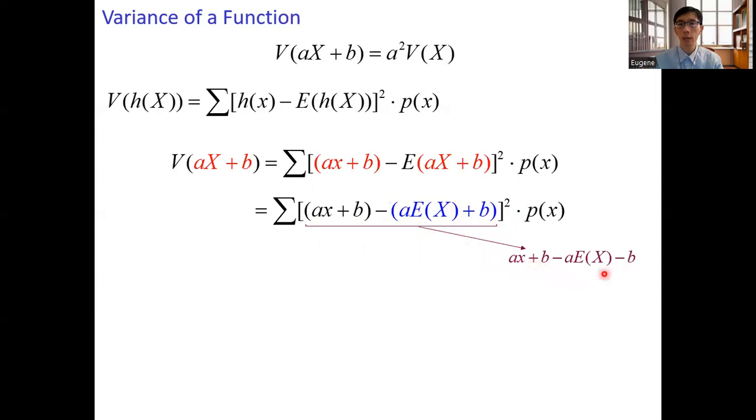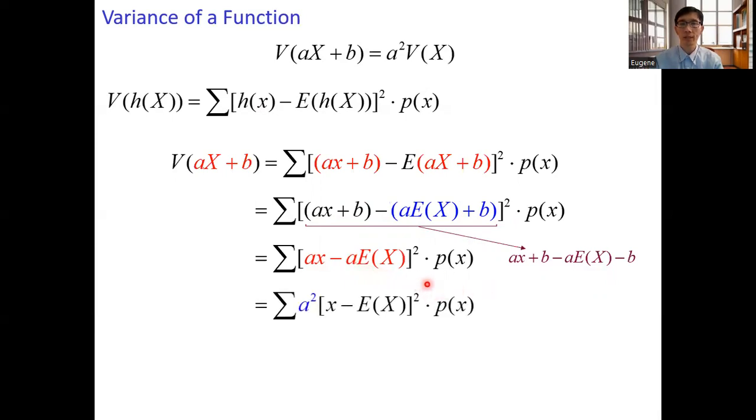The b cancels out. What remains is ax minus a times the expected value of x. Next, we factor out the a within the square bracket. So we get a squared.